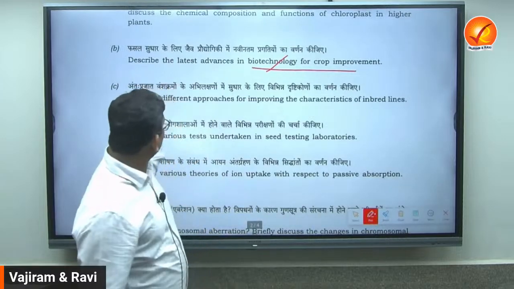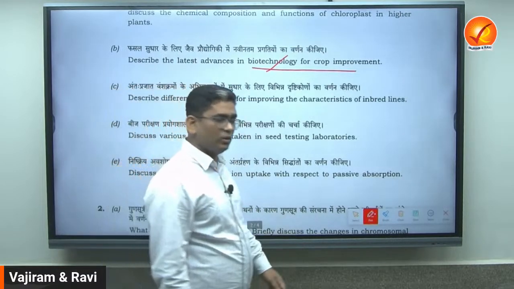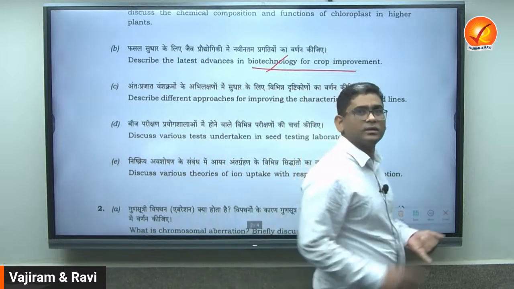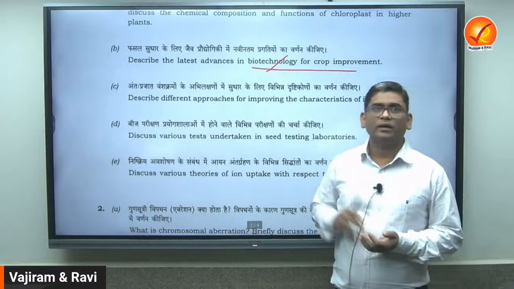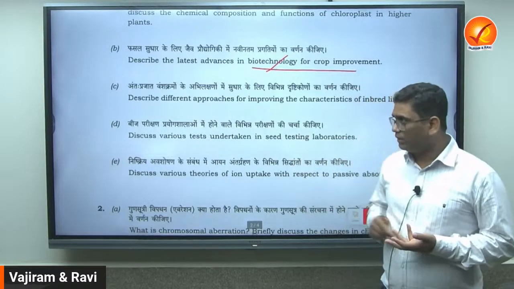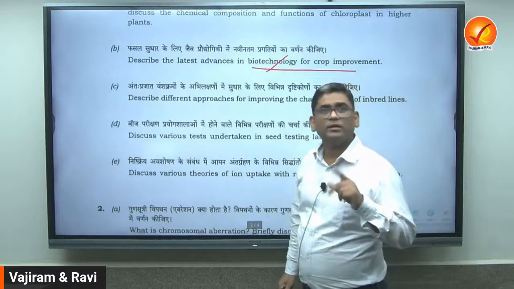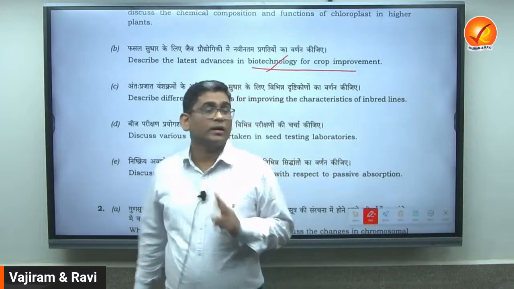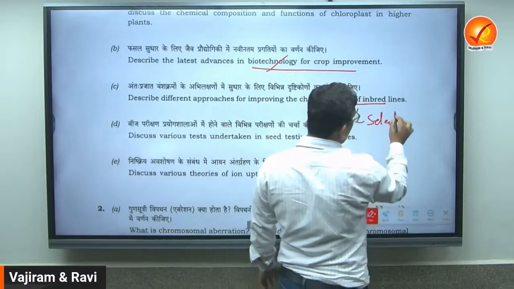Okay, so next was the different approaches to improving the characteristics of an inbred line. You know that before doing hybridization, we develop true to type plants that are nothing but inbred lines. So if you want to enhance their characteristics, you can just do selection. Selection is one of the methods. For inbreds, selection is a method.